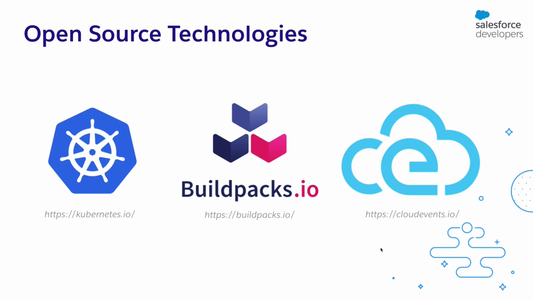What's under functions? I think this is interesting to know, and that's why I included this slide. For functions, obviously we have created some custom functionality, but we are also using some very well-known open source technologies. We are using Kubernetes for the containerization of the applications and the auto-scaling of the functions.